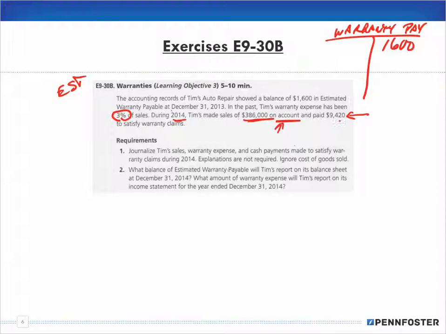And then of course I'm paying $94.20 to satisfy the warranty claim. So this $94.20 is going to go against whatever it is that I calculated for that 3% as my estimated warranty. That's what was running through my head as I was reading that, and you should be thinking the same thing, not just blindly reading the information like a romance novel.